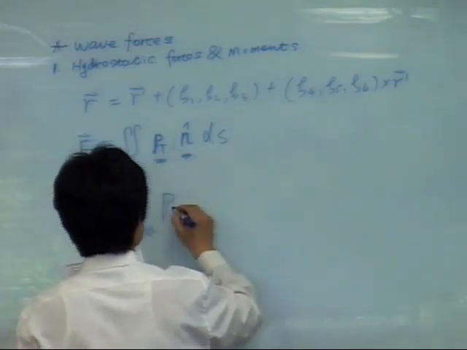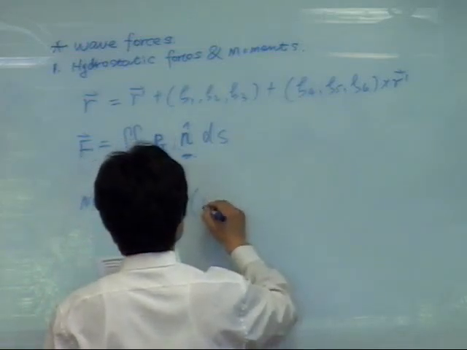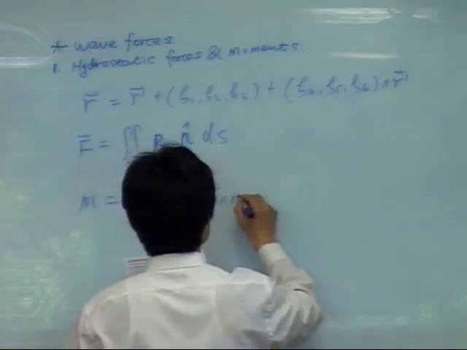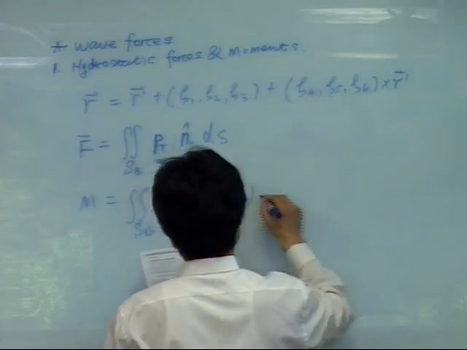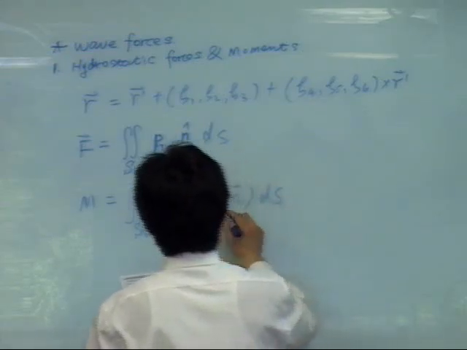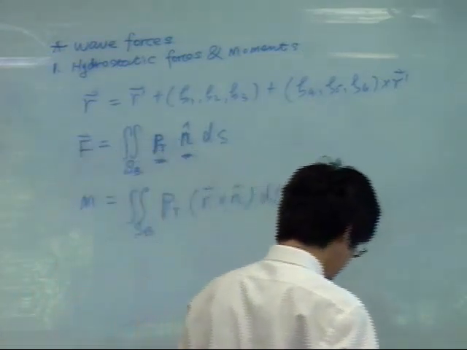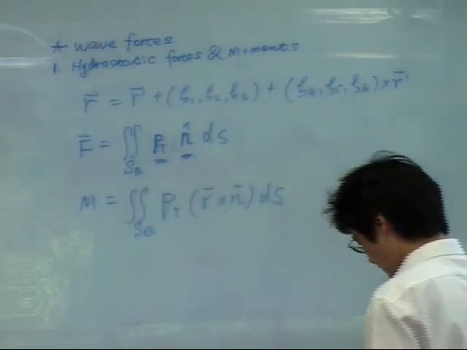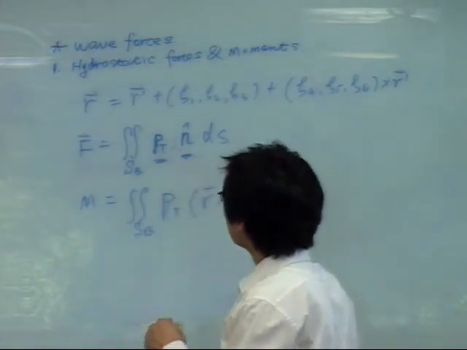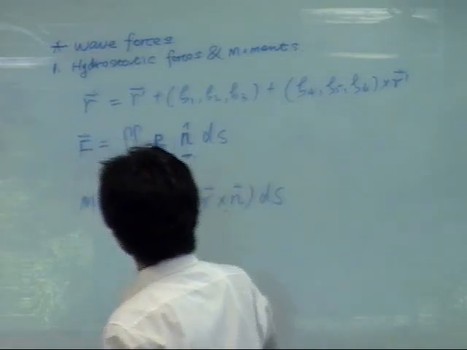This is pressure. The cross product with the normal vector gives you the moment. For hydrostatic force, what is pressure?